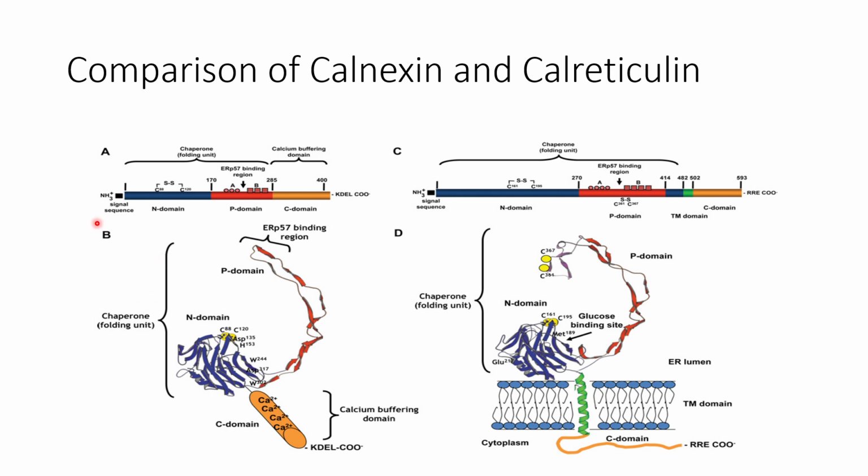In calreticulin, this is the N terminal and this is the C terminal, and we will start from the N terminal. From the N terminal, we know that there is a signal sequence which directs it towards the endoplasmic reticulum during the translation process, and there is a domain.